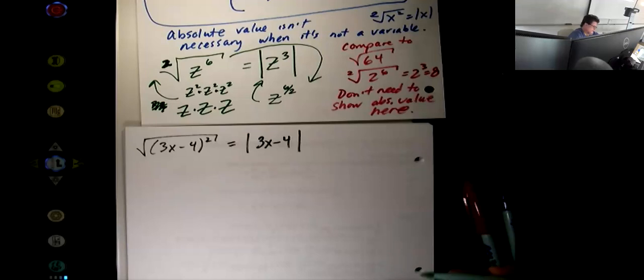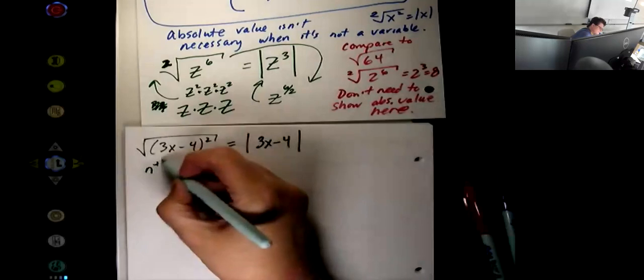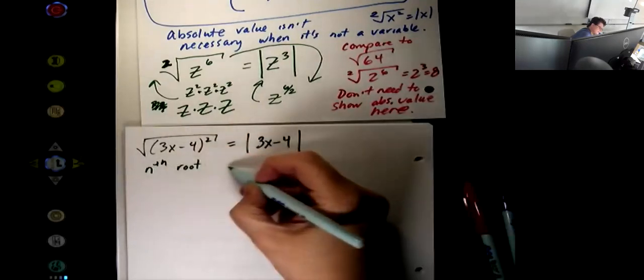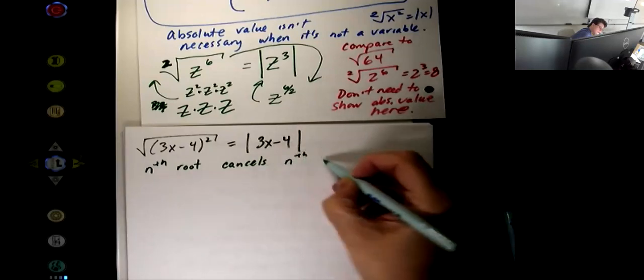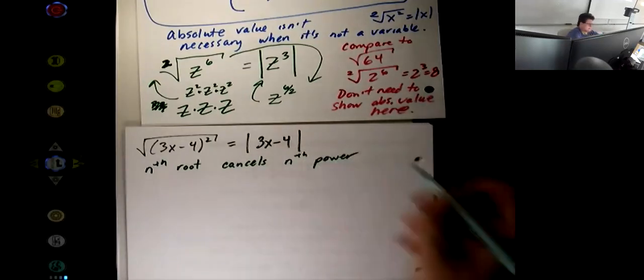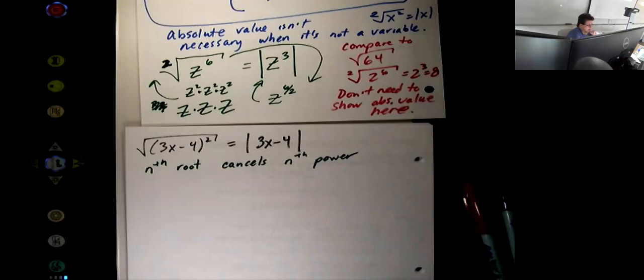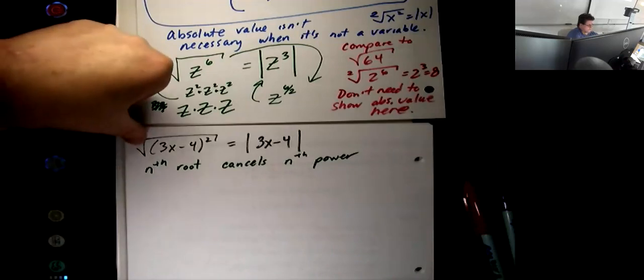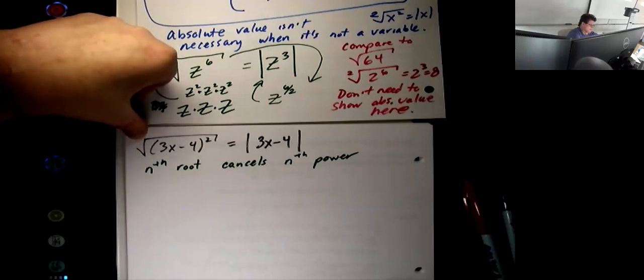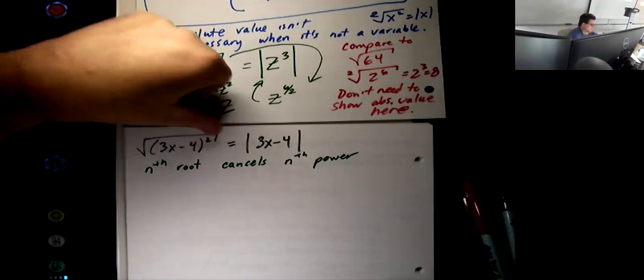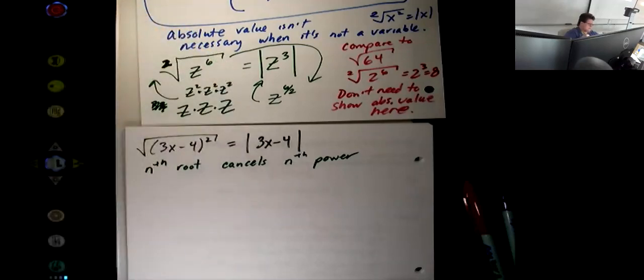The way I just said it in words though might be helpful for people. Nth root cancels nth power. So this is a root with index of 2, a square root. So a 2 on the outside and a 2 on the inside, the 2's cancel, and I'm just left with the 3x minus 4.